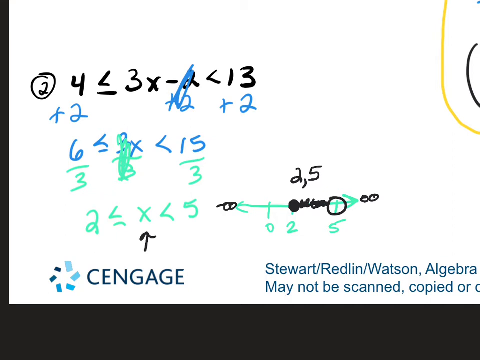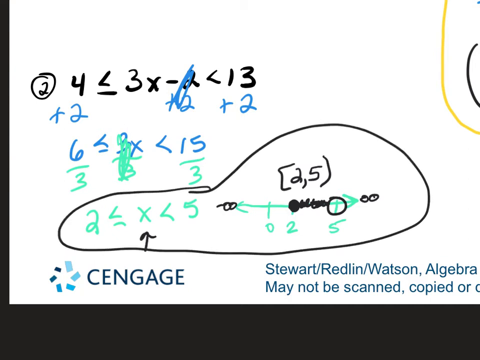A bracket at 2 and a parenthesis on 5. Why is it a bracket, guys, on 2, but a parenthesis on 5? Perfect. Good job, Justin. Because the 2 has a closed dot, the 5 has an open dot. So this whole thing, ladies and gents, is my answer.